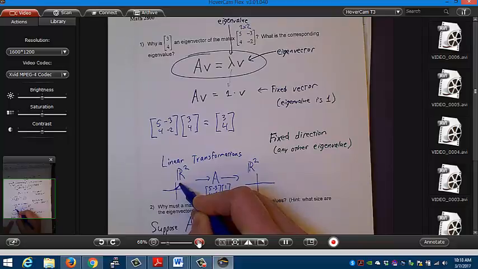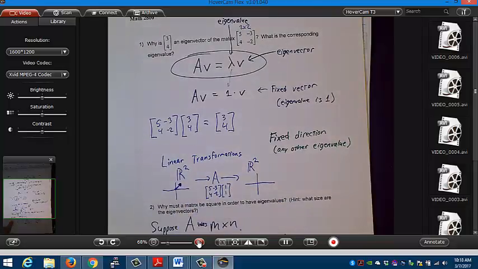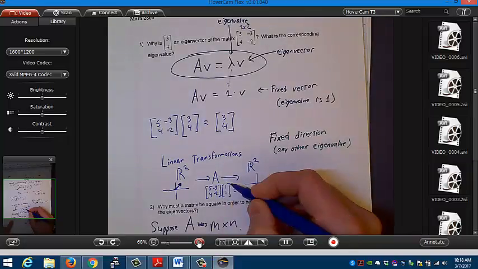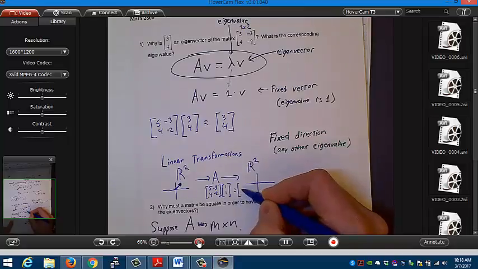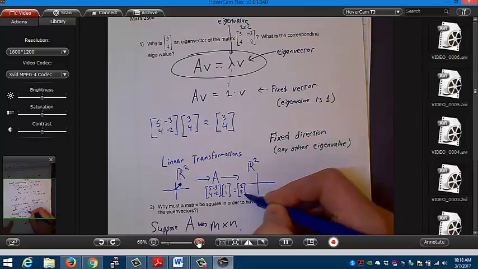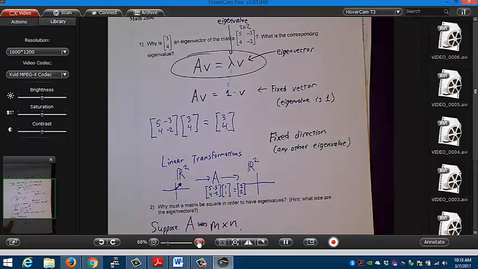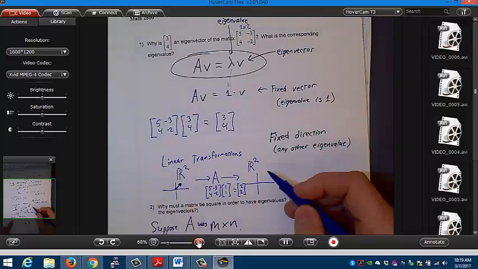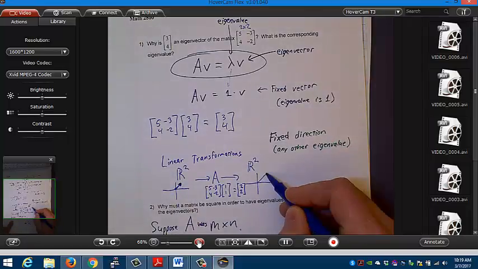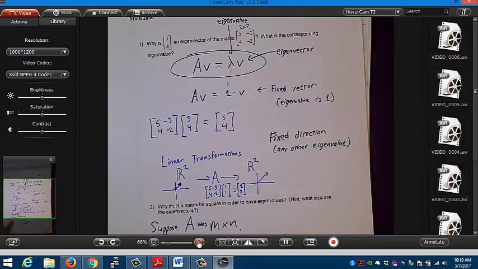Again, I like to represent vectors as arrows, right? Where does (1, 1) get mapped? It looks like it gets mapped to, well, 5 minus 3 is 2. And 4 minus 2 is 2. It gets mapped to (2, 2). Okay, see that? So (1, 1) gets mapped to (2, 2). You with me?